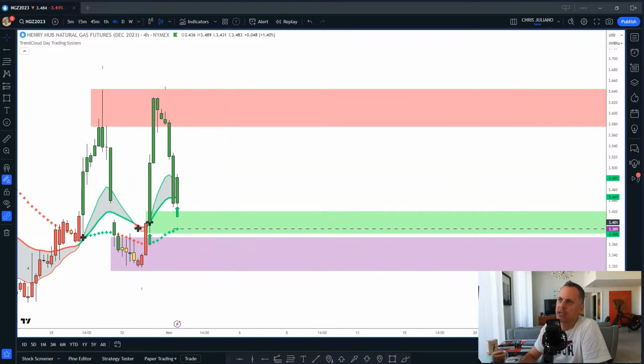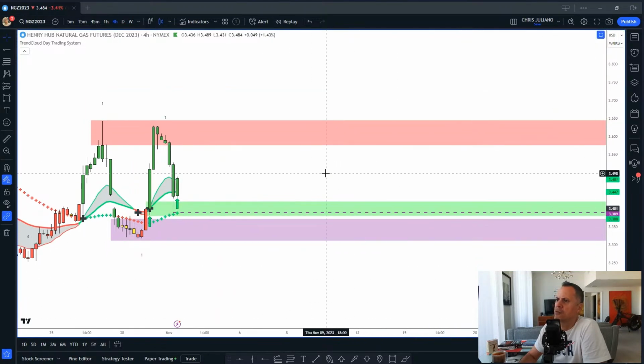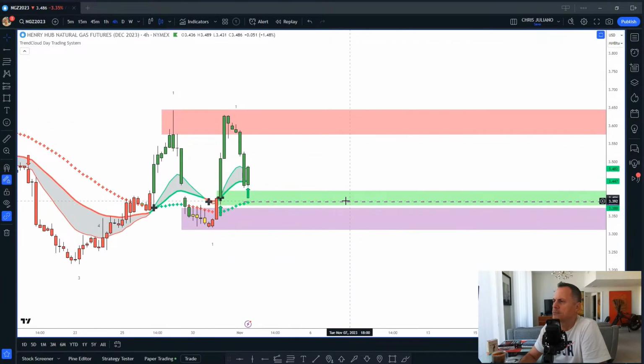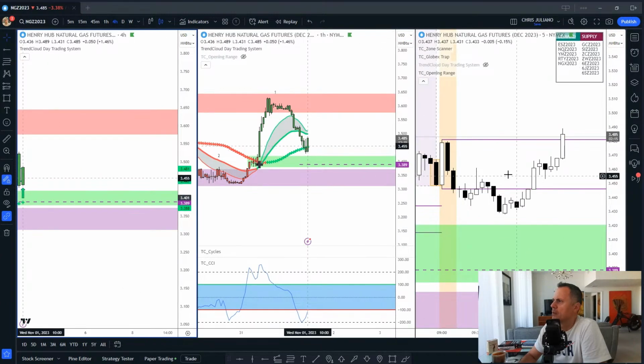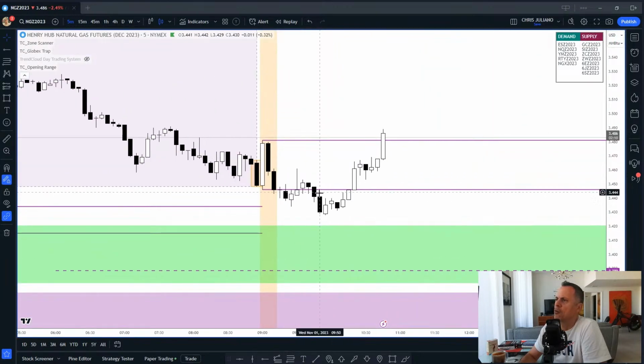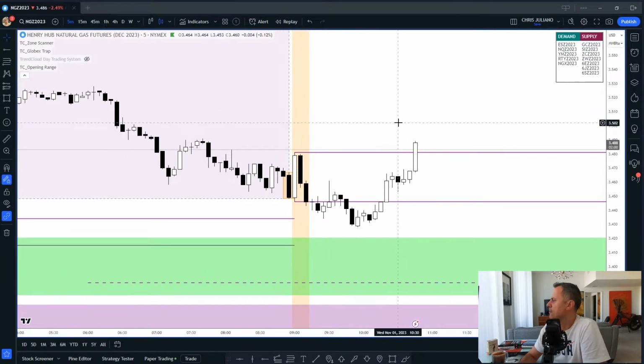That is how you trade sideways. And look how it's represented on the opening range breakout. Back and forth, right? Nothing spectacular to see here.